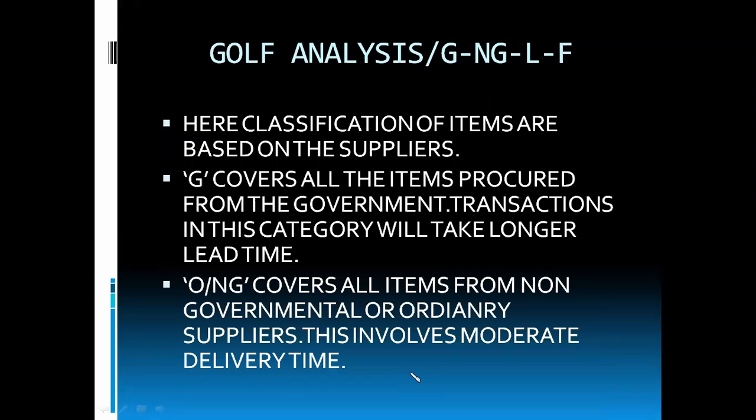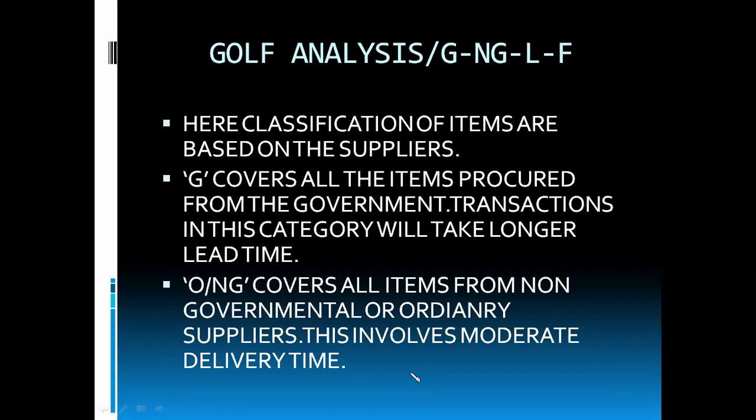Then comes GOLF analysis. It is also known as GNGLF analysis. What does it stand for? GOLF stands for government, ordinary, local, foreign, or governmental, non-governmental, local, foreign. Both are the same.